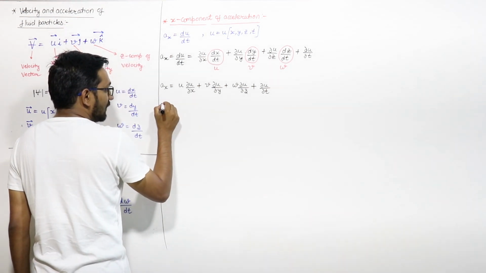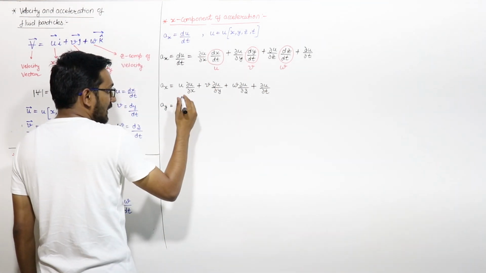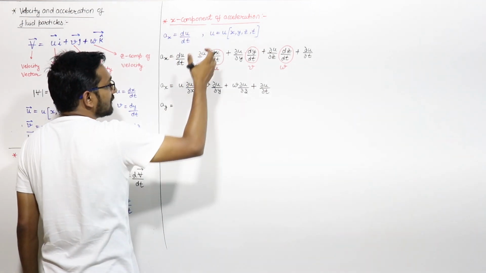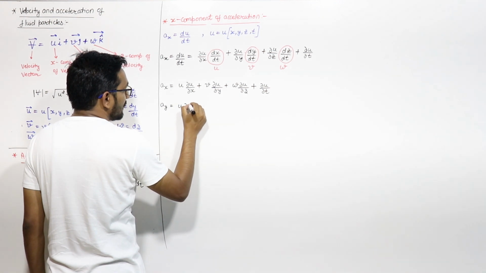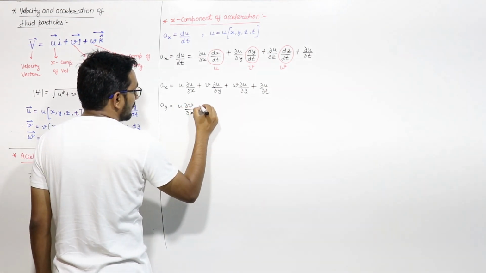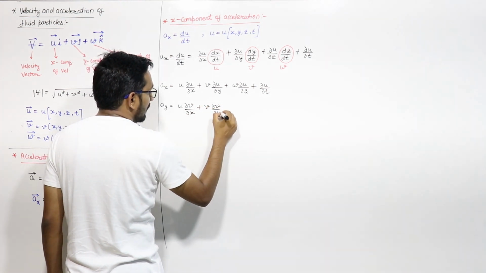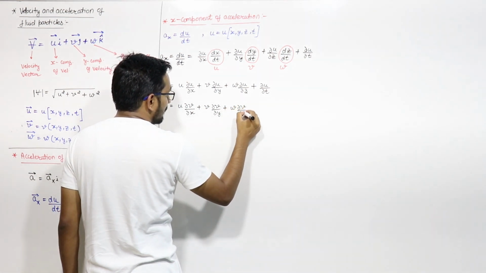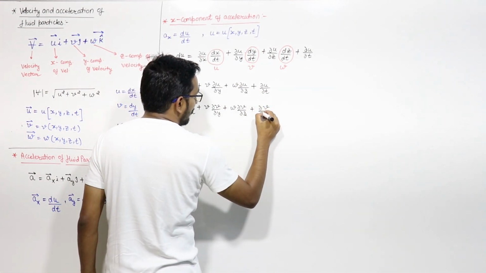Similarly, the y component of acceleration, you can easily derive it. The y component will be dv by dt, which will be equal to u into del v by del x plus v into del v by del y plus omega into del v by del z plus del v by del t.